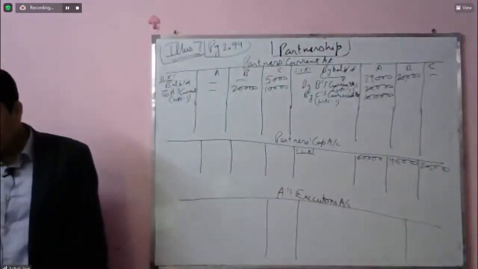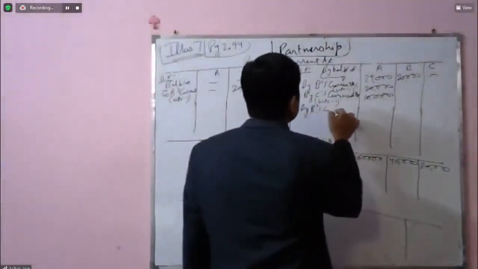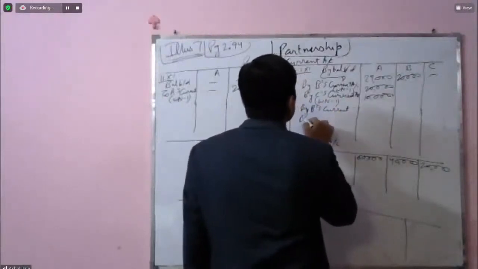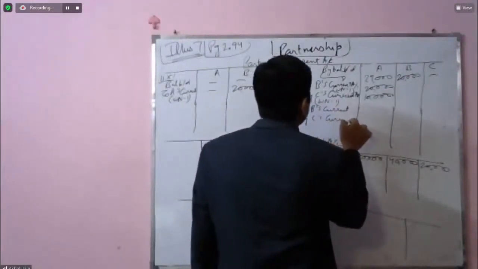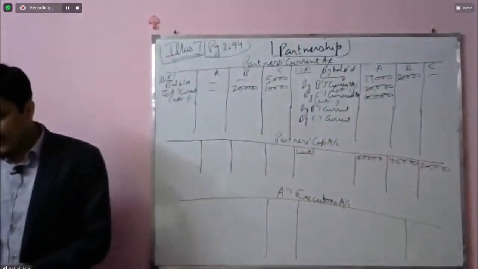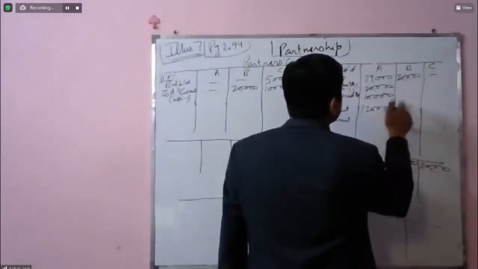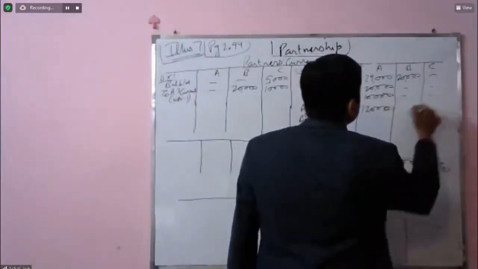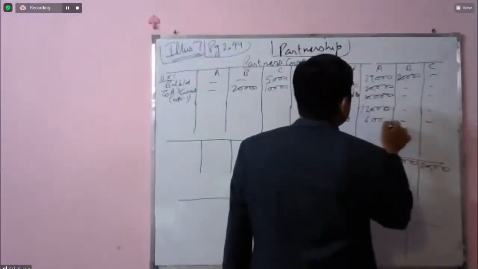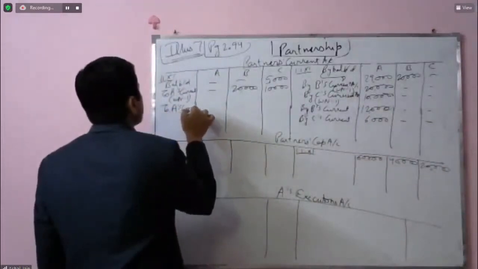So once again, what do we do? By B's current account, by C's current account. So B and C will require adjustment of 12,000 and 6,000 for this. To A's current account.